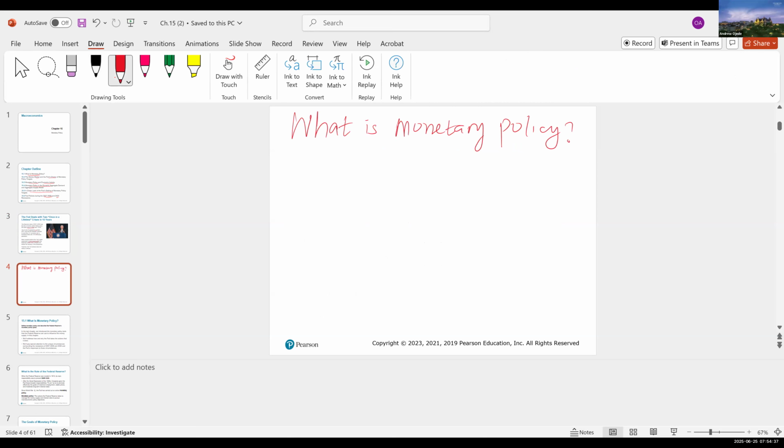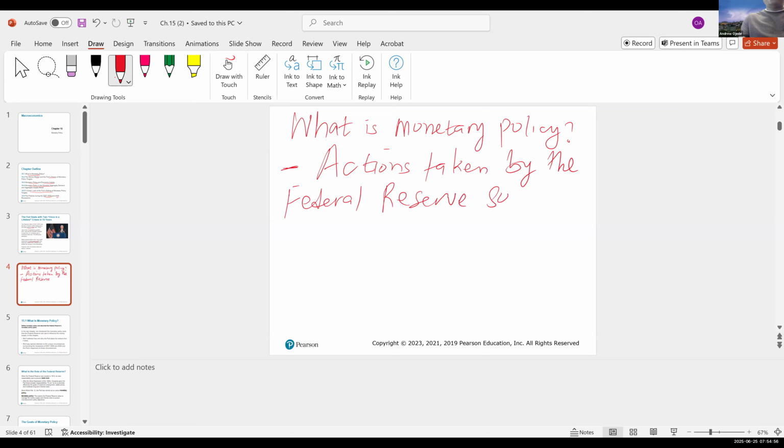Monetary policy is defined as actions taken by the Federal Reserve, which is our central bank here in the United States, the Federal Reserve System, to control the stock of dollars.